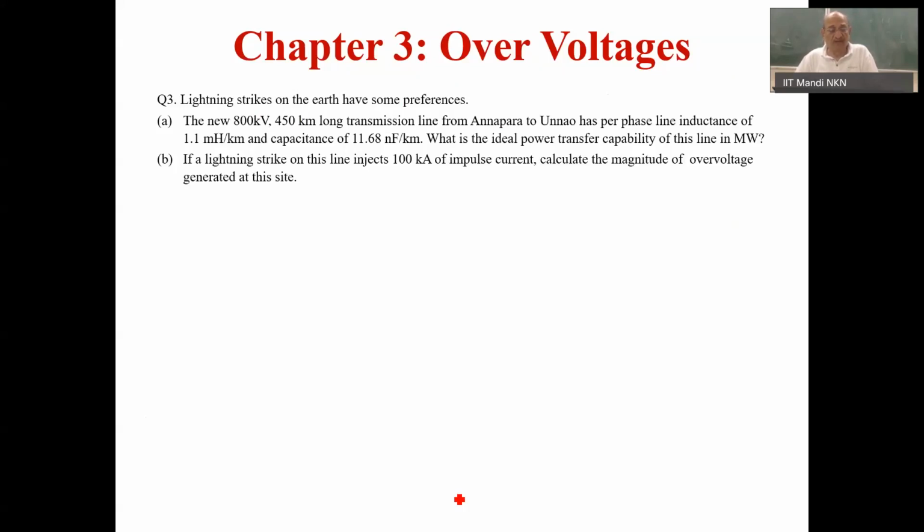Obviously, when you are at home doing it, you can always consult the book if you want. You can open chapter number 3, or refer to your notes and calculate. So you should make a break. I will not make a break. I'll give the solution, which you should see after having attempted the question. Okay?